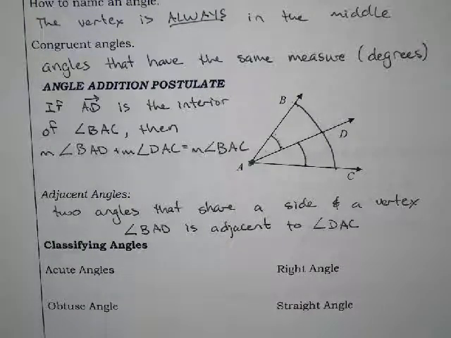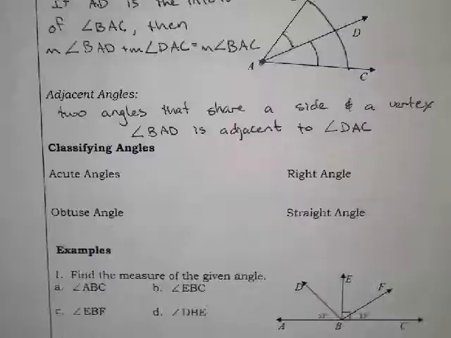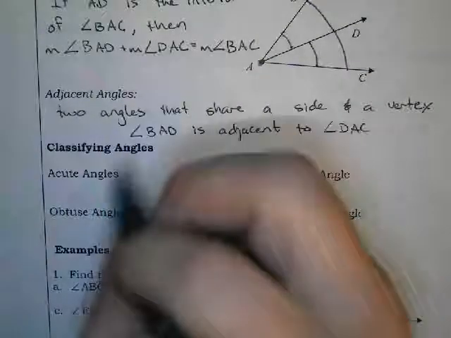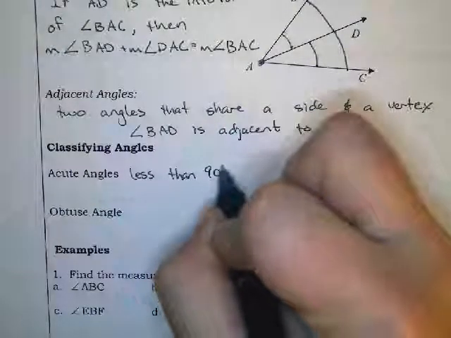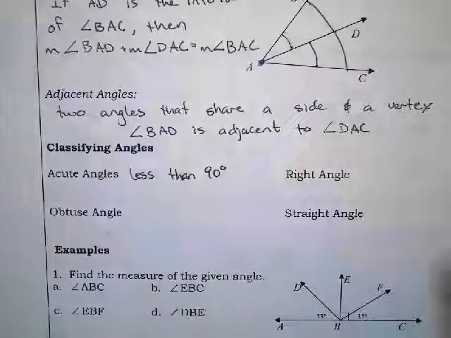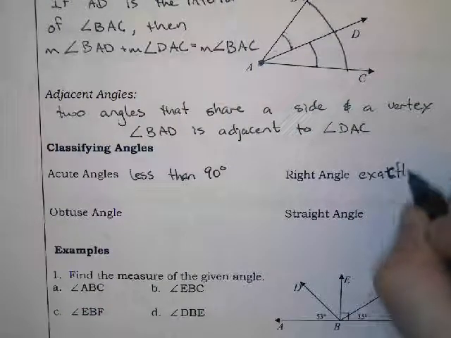So these next words, hopefully we are familiar with. We'll have acute angles, less than 90 degrees. Right angle is exactly 90 degrees.